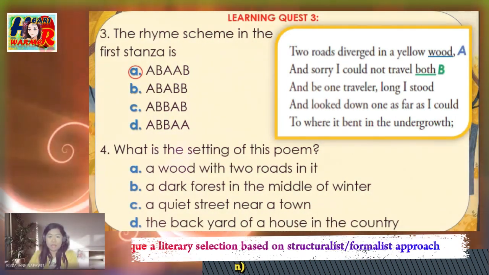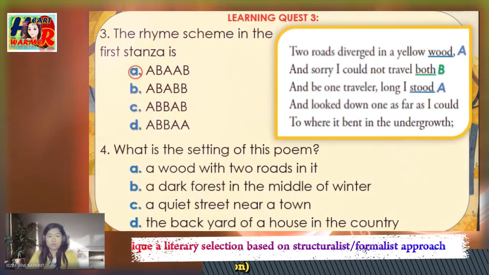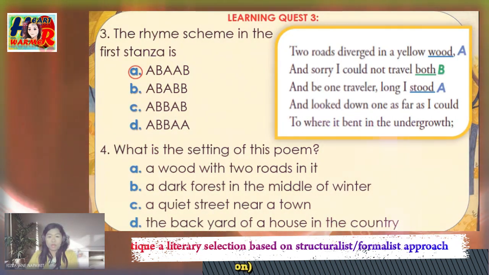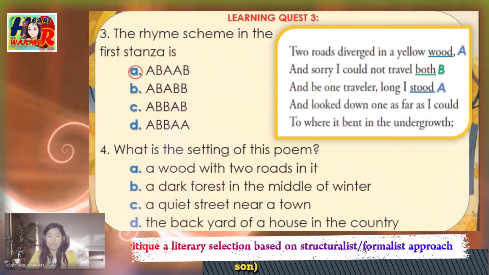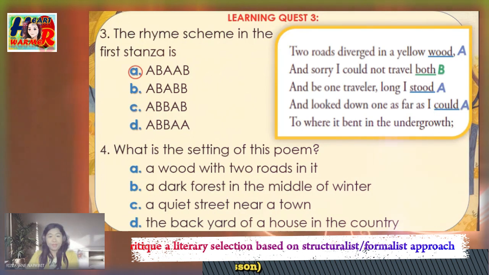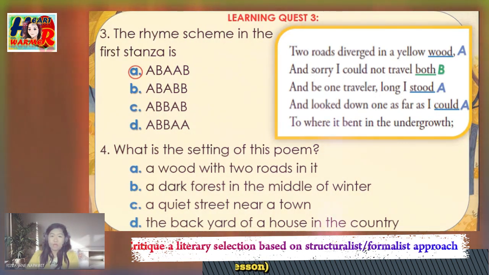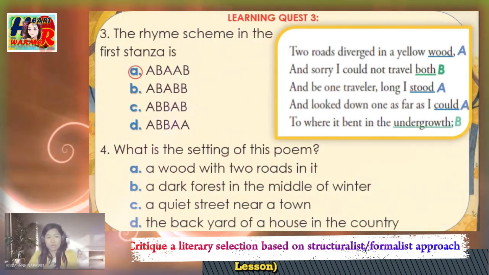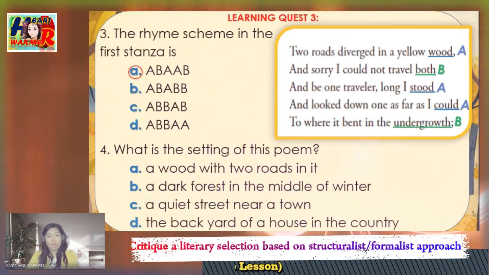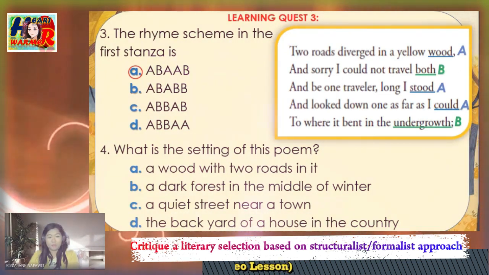Both is another sound, so B. Stood is the same as wood's sound, so that's why it's A again. Could is the same as the A sound, so A again. And undergrowth is the same as the sound in both, so that's why this is B. So ABAAB is the rhyme scheme.